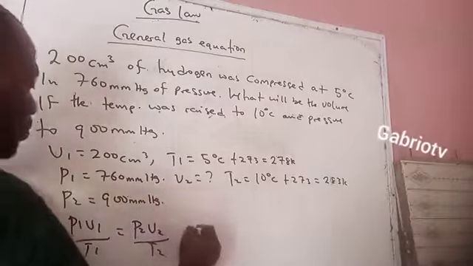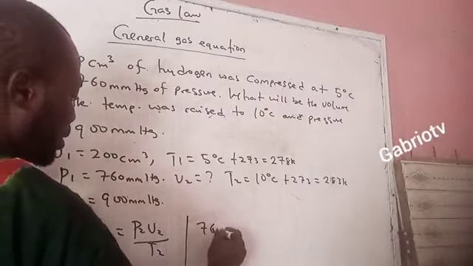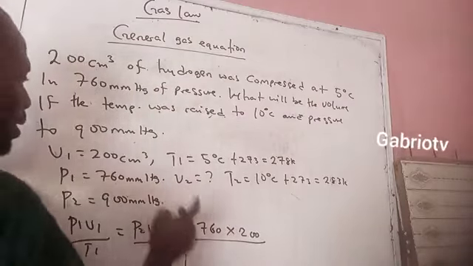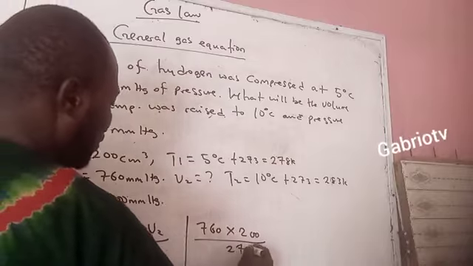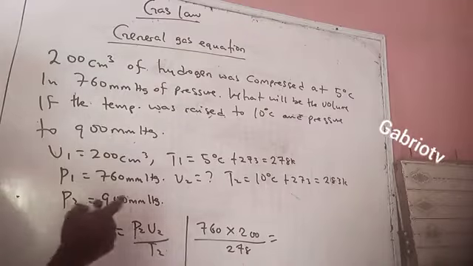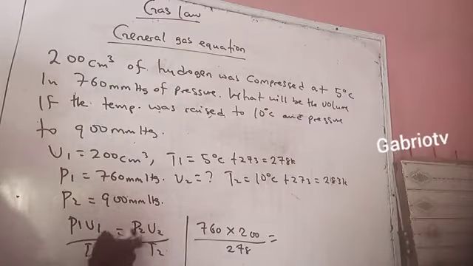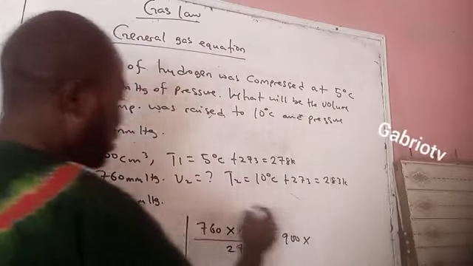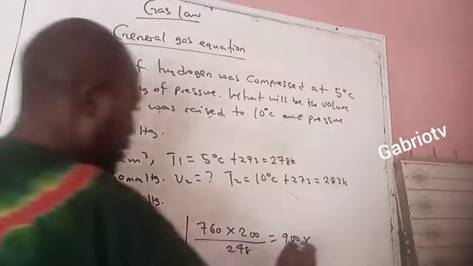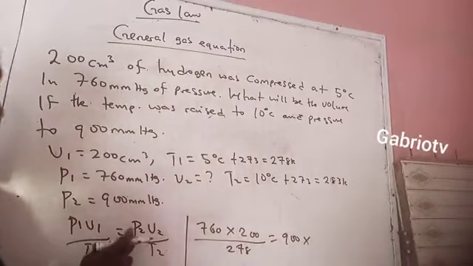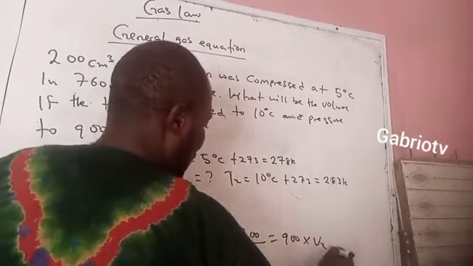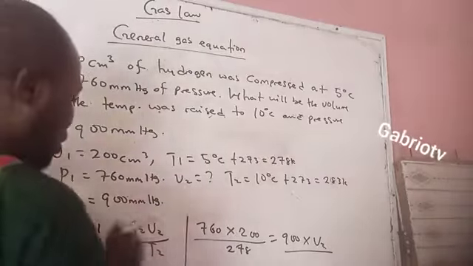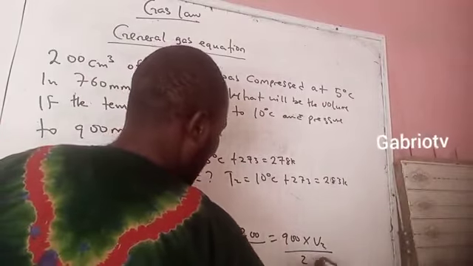We have 760 times V1, which is 200, over T1, which is 278, equals P2 from the question, 900, times V2, the volume, over T2, and our T2 here is 283.